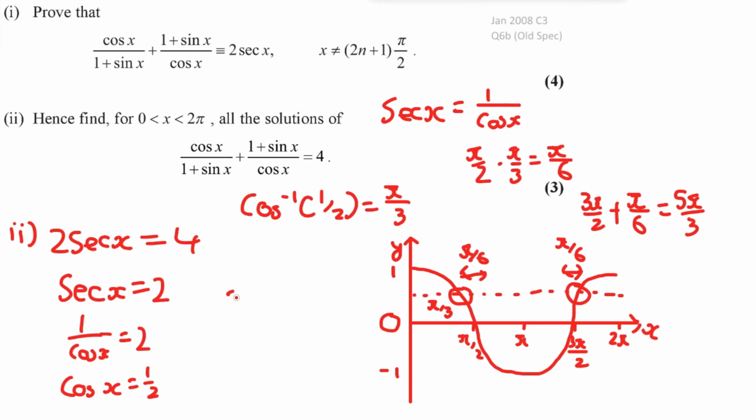So therefore the x solutions are pi over 3 and 5 pi over 3. And then that's the final answer. And again, you can check your answers to this question by subbing in your x values into this equation here. And if you put it into your calculator in radians mode, you should get out an answer of exactly 4.